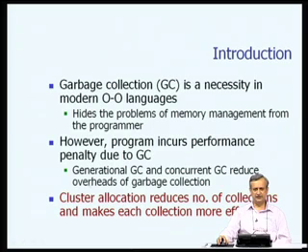So, the only thing is we need to do this cluster allocation separately. It is not exactly the same as generational, because in generational collection the aged objects are moved to an older generation, but cluster allocation itself is done in a slightly different way in a different heap structure.